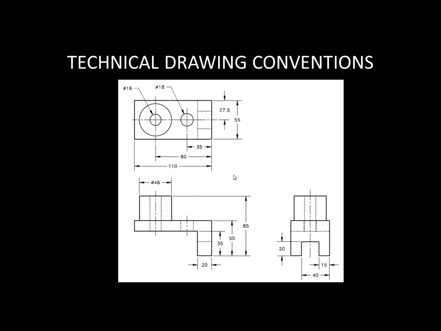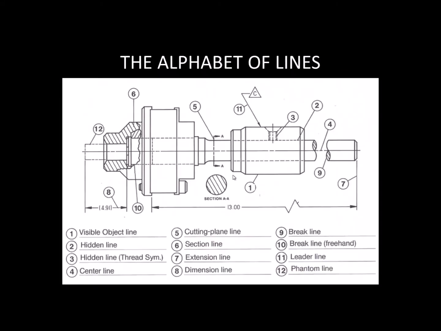And that would be disastrous. Just like you couldn't understand a sentence if someone randomly switched letters around, you wouldn't be able to understand the drawing if someone just haphazardly drew things without paying attention to the kinds of lines they were drawing.